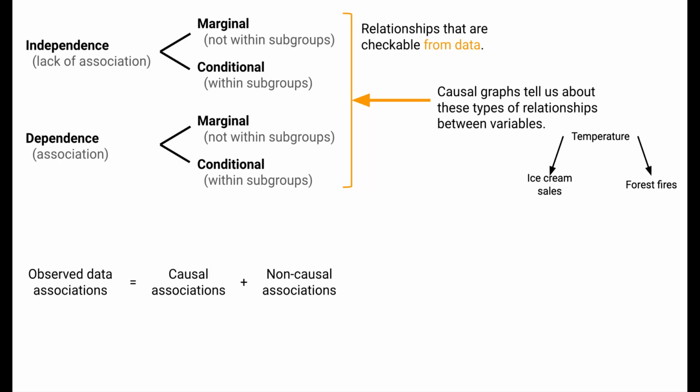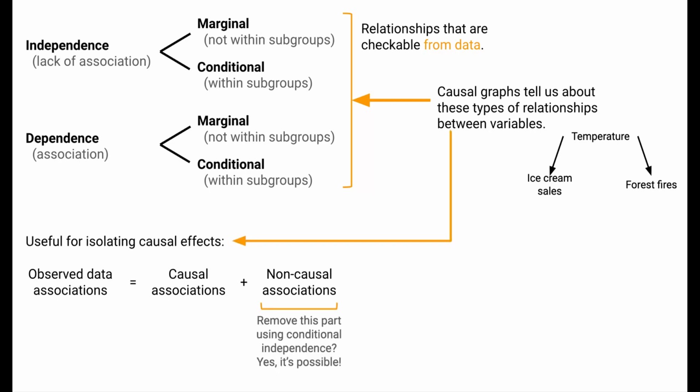First, the associations, aka dependencies that we see in data, can be expressed as a combination of causal and non-causal effects. If we can remove the non-causal parts of associations, we can perhaps isolate the causal effect, at least the part of the association that is purely causal. We'll be able to do this by using the concept of conditional independence.